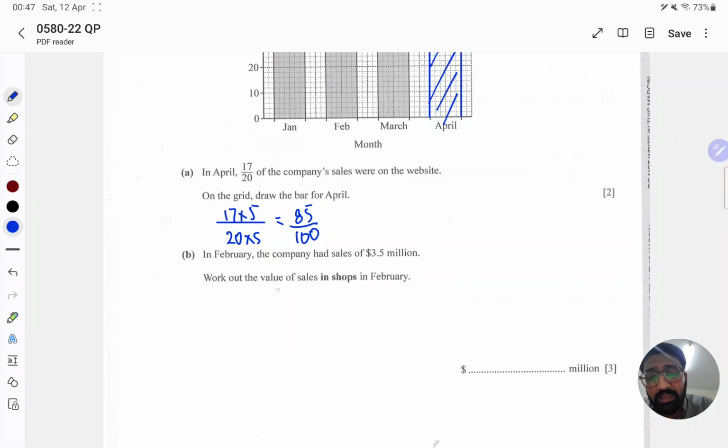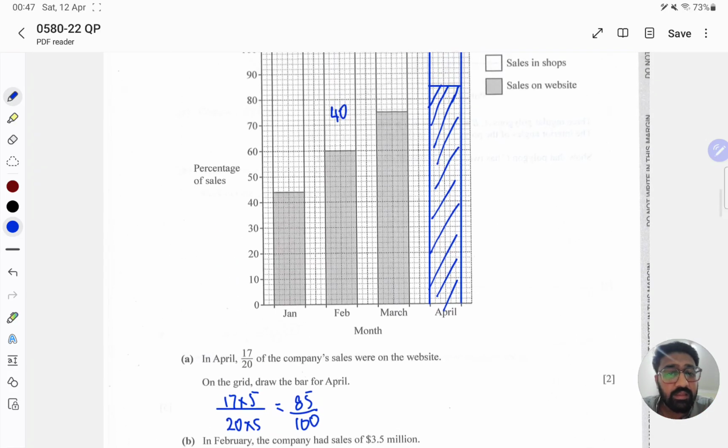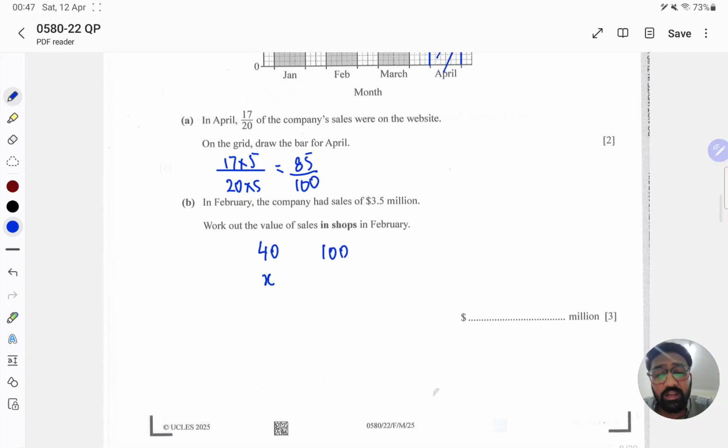We'll use the ratio method here. 40 out of total, which is 100%, and we need to find out the sale for 40, which is the sale in shops, and the total sale that they have made is 3.5 million. We'll cross multiply. So it is going to be 100x equals 40 times 3.5.